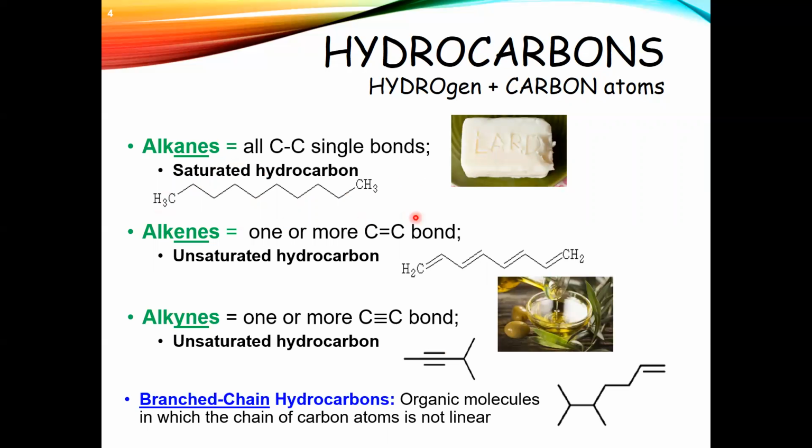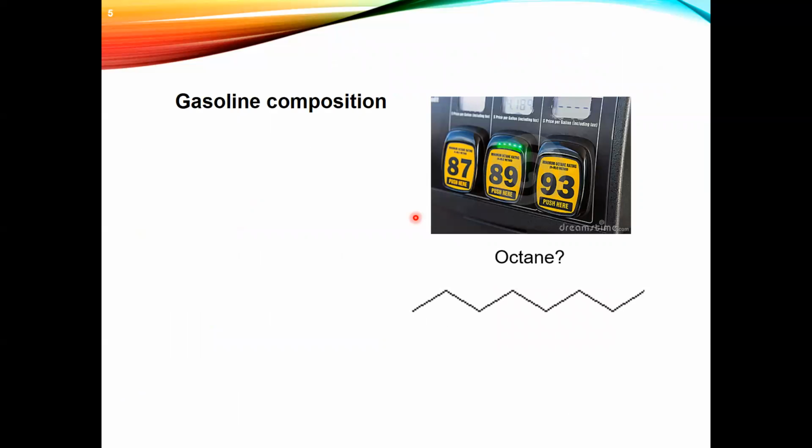All right, so now we've talked a bit about structure. Now we are a bit more ready to talk about isomers. So let's talk about isomers in gasoline. So whenever you go to fill up your tank, you'll notice an octane rating. Right here I have the structure of octane.